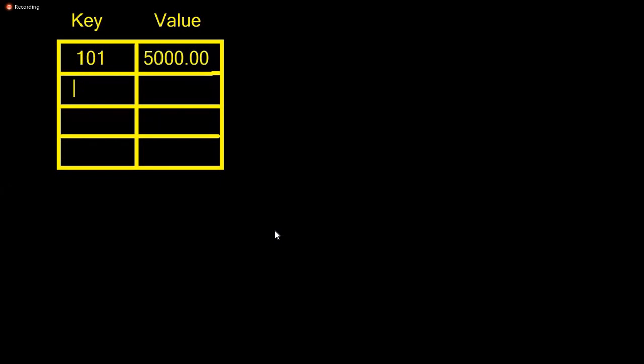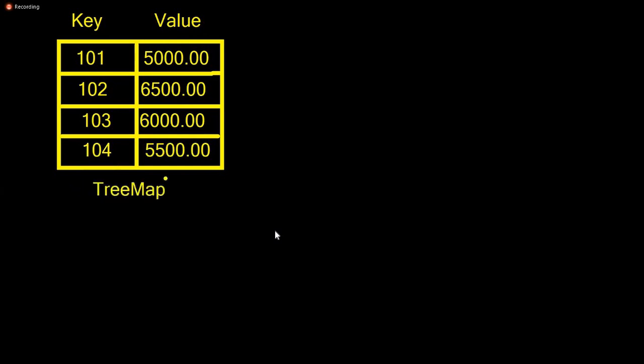Next, 102, what I gave: 6500. 103, how much did I give? 6000. Next, 104, 5500. This is a tree map. We have to convert this into one-dimensional.